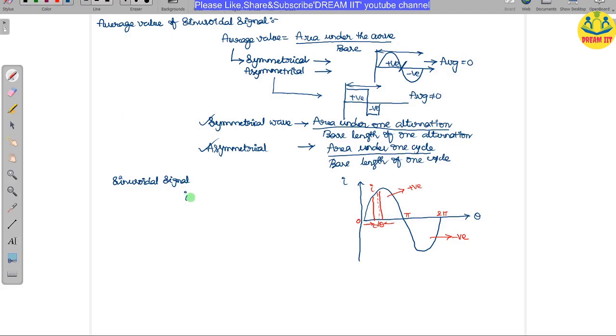Here i equals Im sin theta. This is the mathematical equation we have already seen. Now I want to find the area under one half cycle.